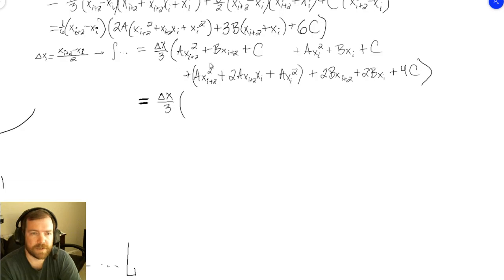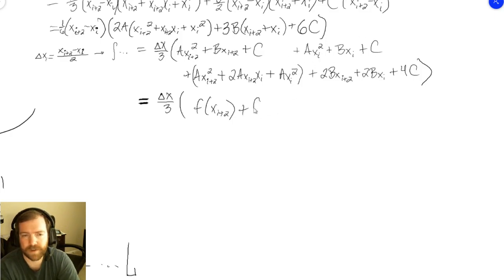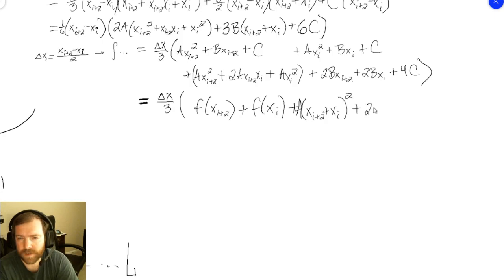This here is f of x sub i plus 2. This here is f of x sub i. This here is x sub i plus 2 plus x sub i squared times a, plus 2b parentheses x sub i plus 2 plus x sub i.